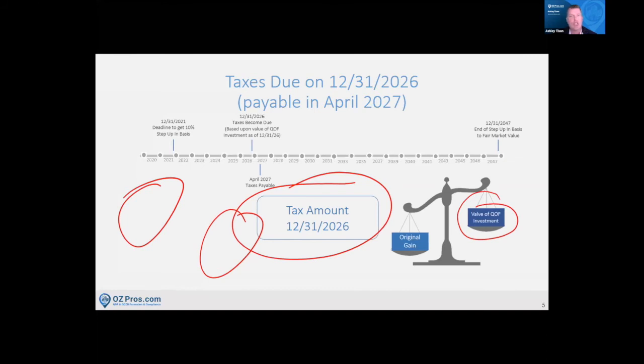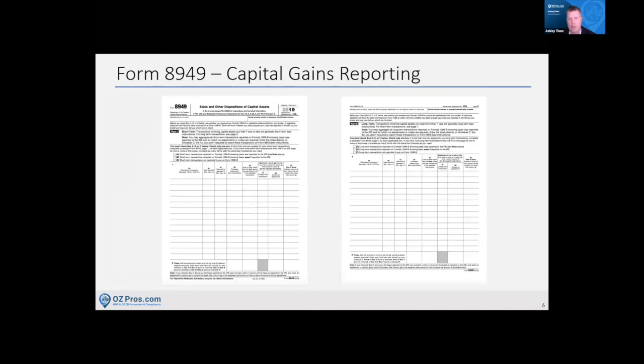And so it should give people comfort that I'm not going to have phantom income. If during that opportunity cost window I invest my money and it goes down for some reason, I'm going to pay taxes on the lower amount as opposed to what my original gain was. And then you can also use some creative stuff on the side of that depreciation deal in order to drop that value as of December 31st, 2026.